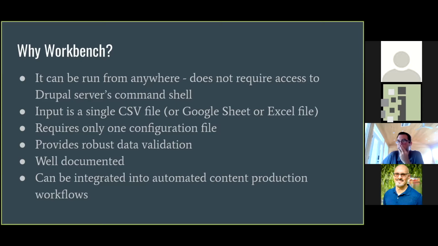But basically, everything that you're putting into your repository is expressed in a single CSV file or equivalent Google Sheet or Excel file. Workbench only requires one configuration file, as opposed to migrate. The one configuration file can be super simple, like I'll show you in a minute, or it can be super complex depending on what you're trying to do and what defaults that Workbench provides that you want to override.